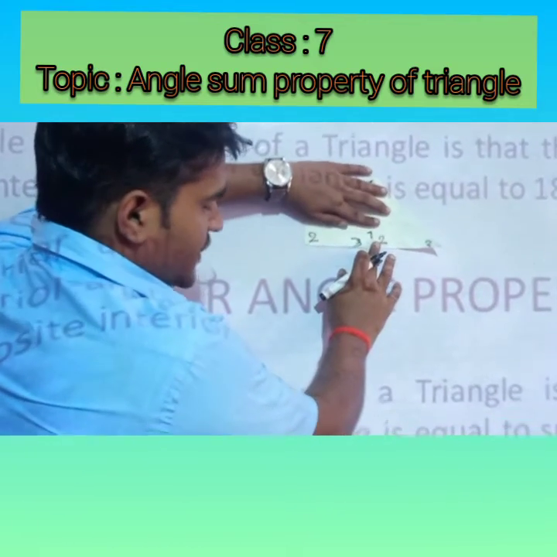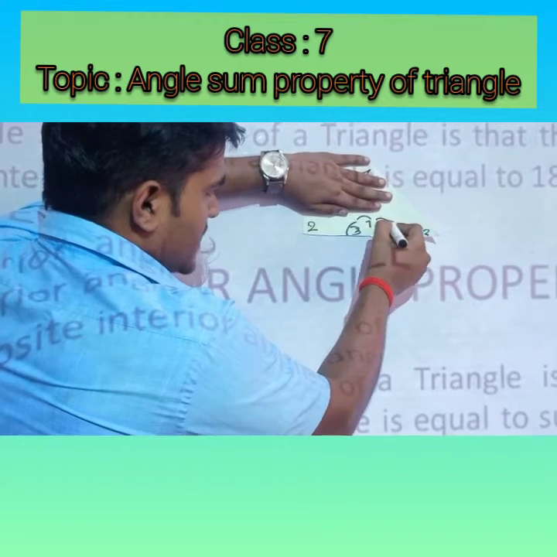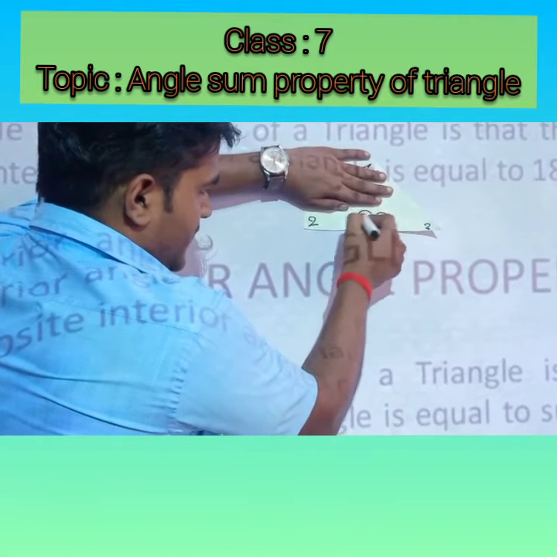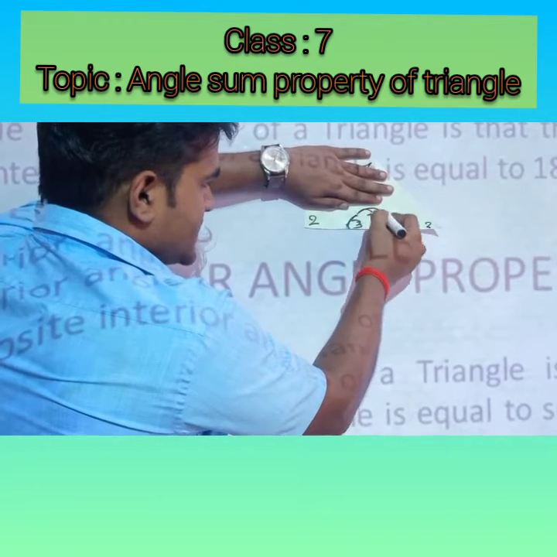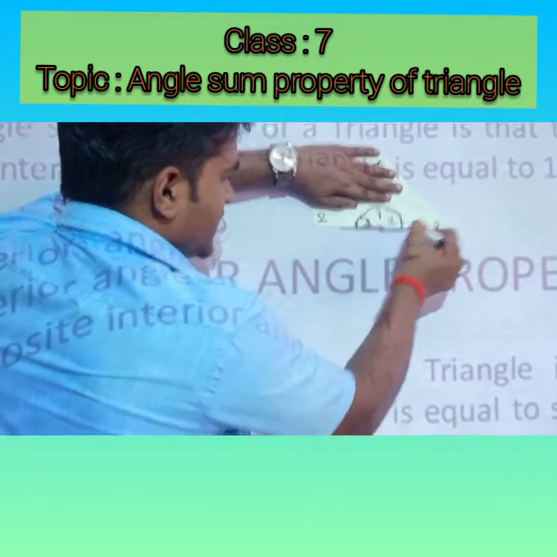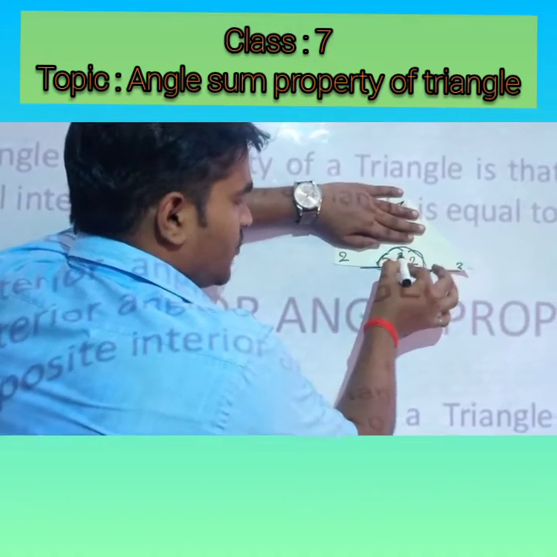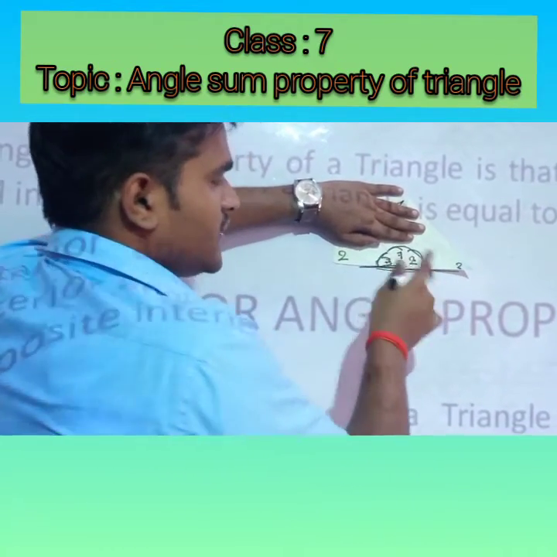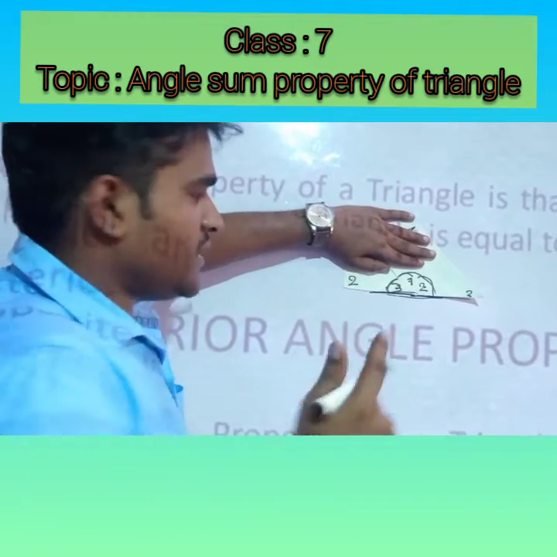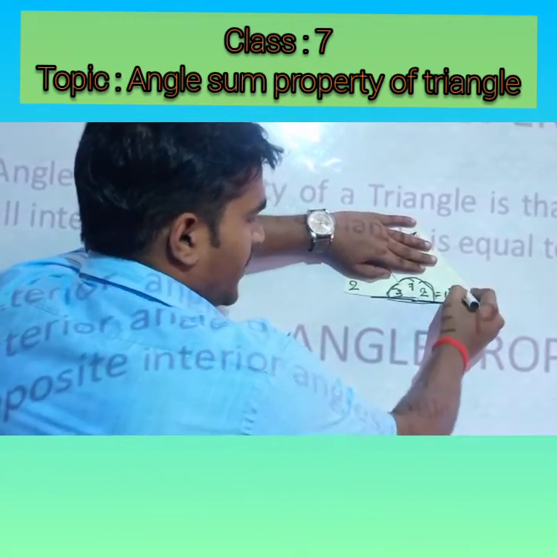So children, angle 3 plus angle 1 plus angle 2, when we add them, we get a semicircle which makes a straight line. This makes a straight angle. It means the sum of angle 1, angle 2, angle 3 of the triangle is 180 degrees.